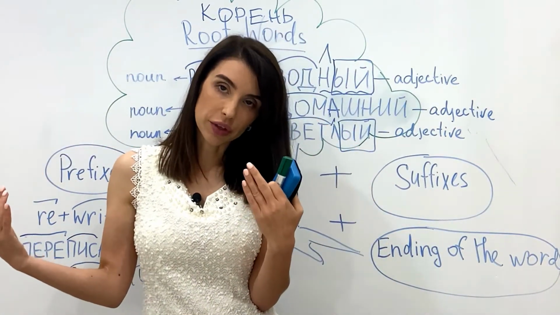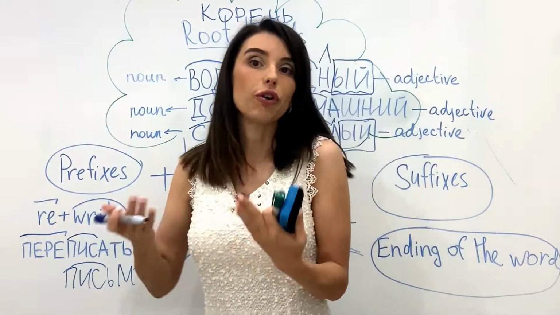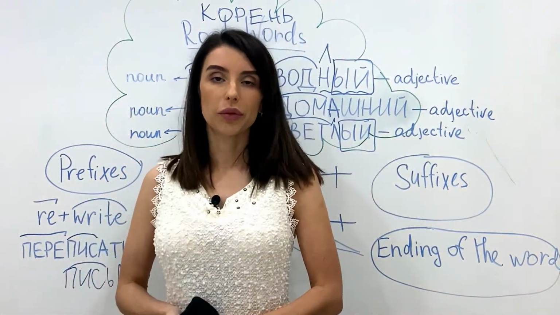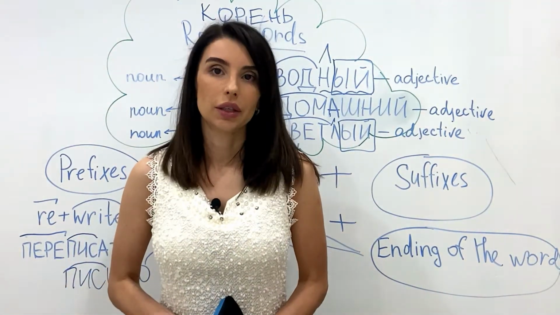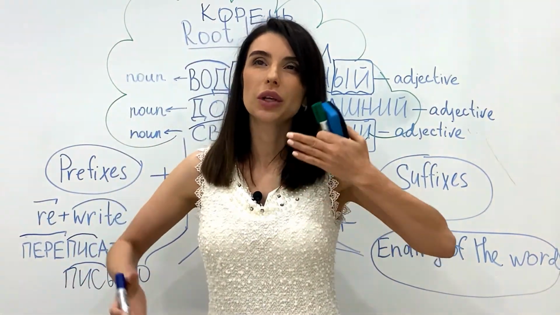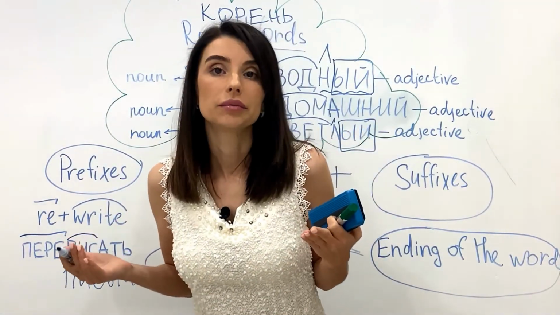But пере, before the root of the word, you can see a prefix. You can't find a prefix after the root of the word, after корень. No, you can't find it. It's just before. And sometimes it will change the meaning.